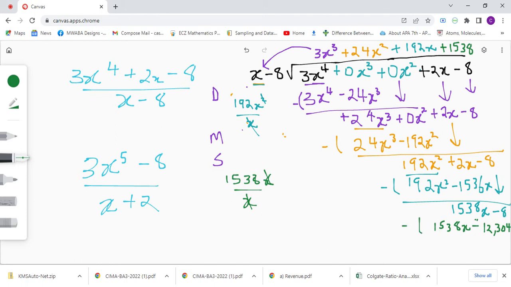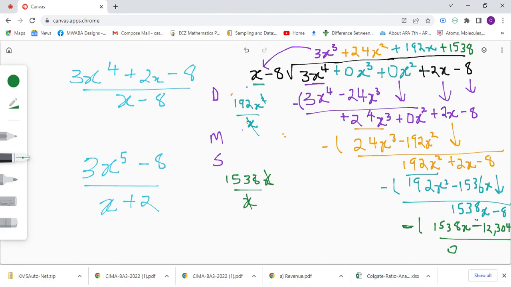So finally, 1538x minus 1538x, we get 0. Negative 8 minus negative 12,304: we've got two negatives, and negative and negative make positive.